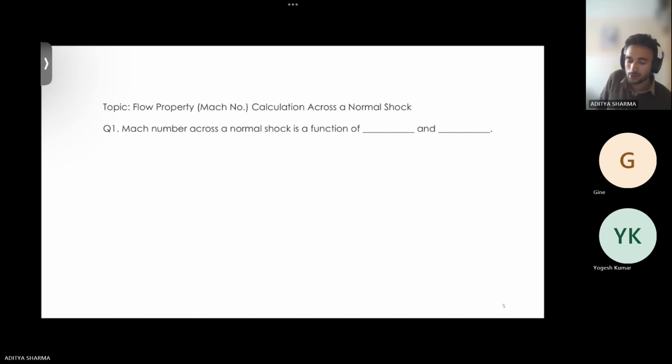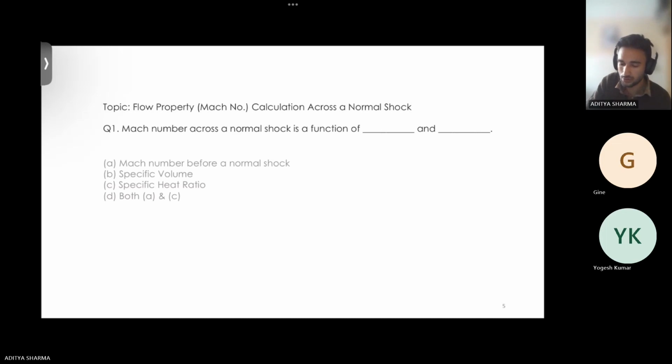The question is: Mach number across a normal shock is a function of dash and dash. Either one can be true or two can be true. So, answers from your side.